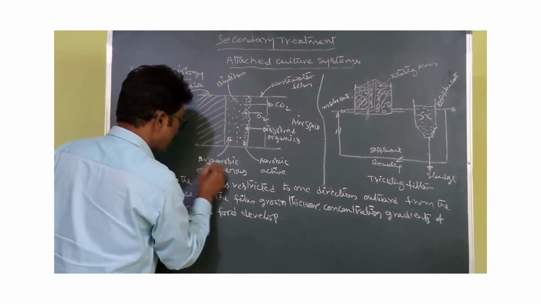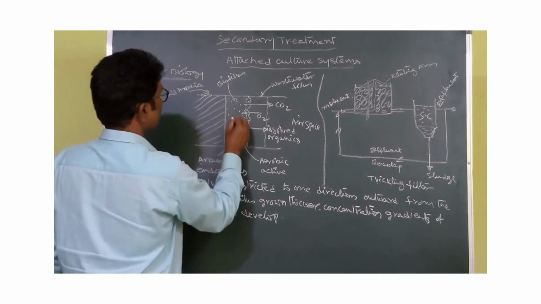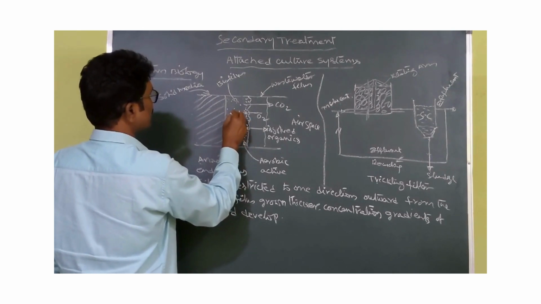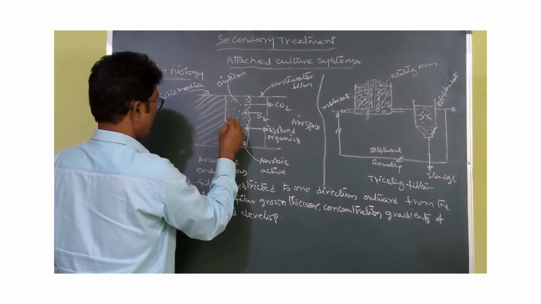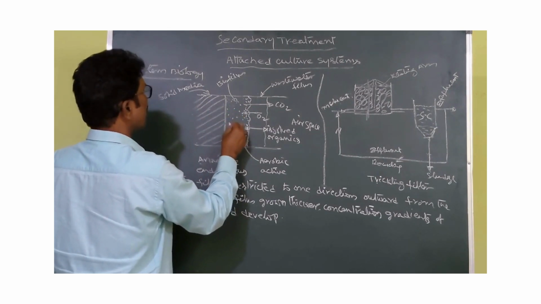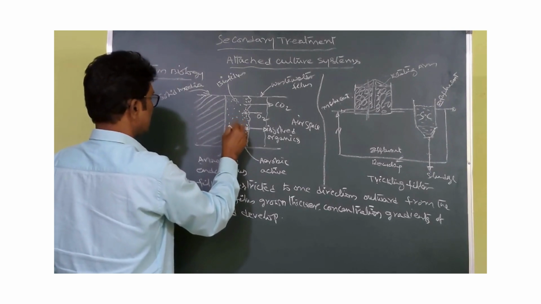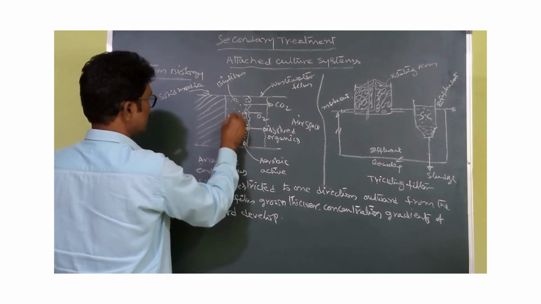That's why it is called the anaerobic endogenous phase. Inside, these microorganisms don't get enough food and dissolved oxygen, of course they get a little.